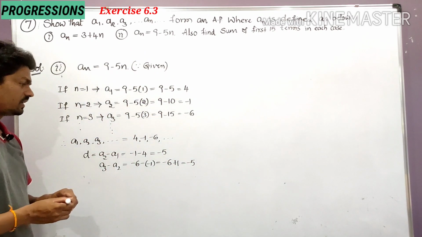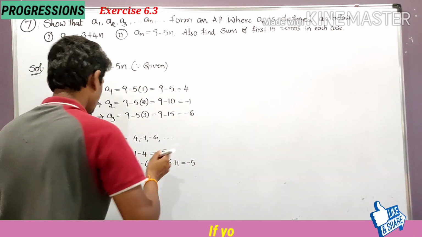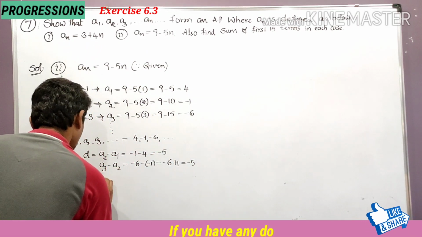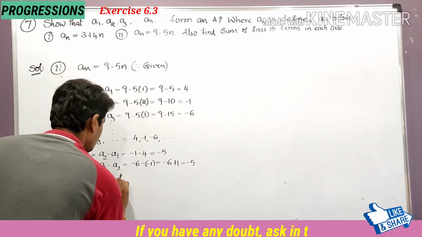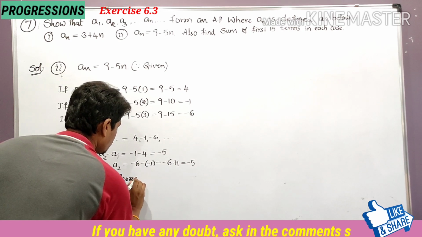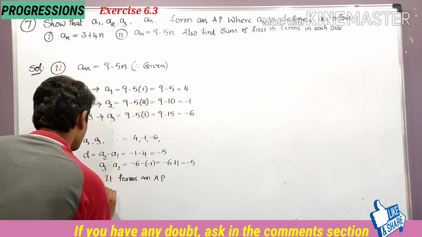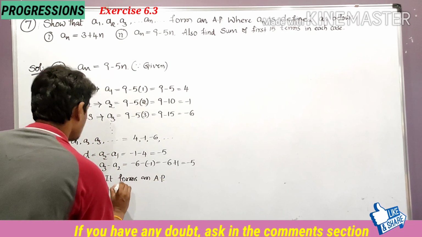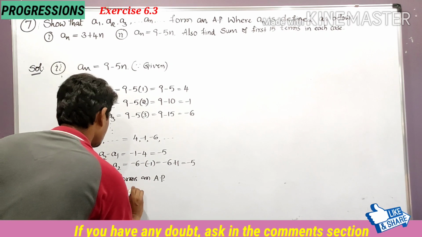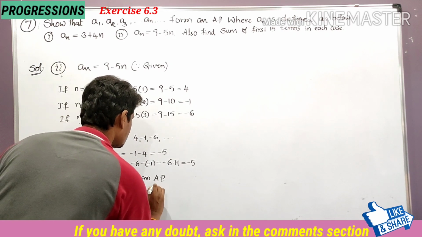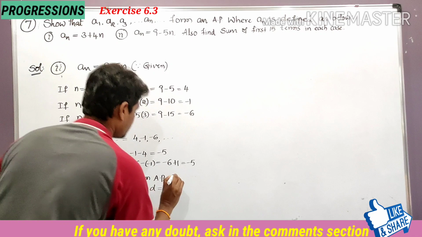So the common difference is the same, therefore it forms an arithmetic progression. So here a is equal to 4 and the common difference d is equal to minus 5.